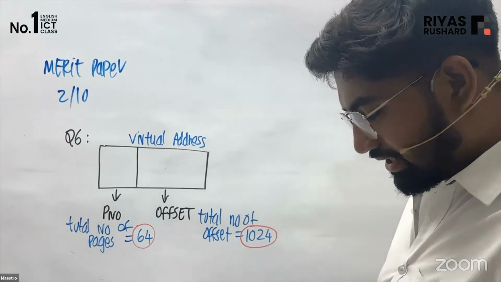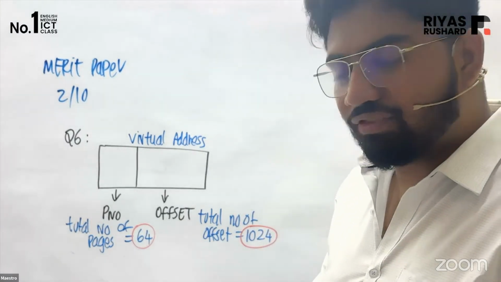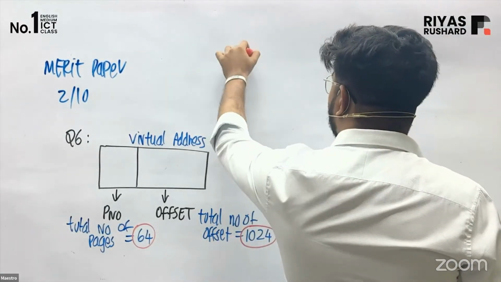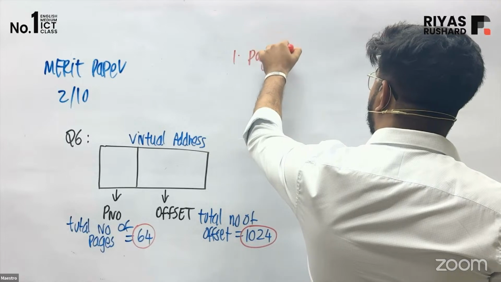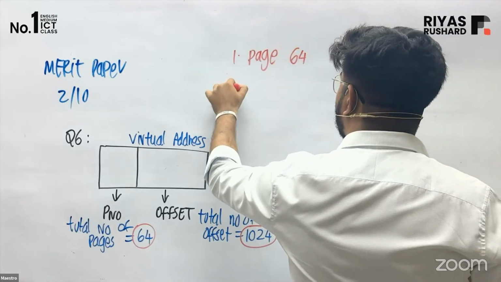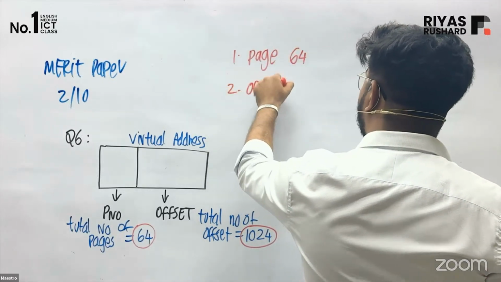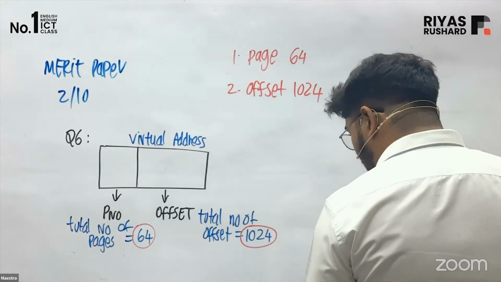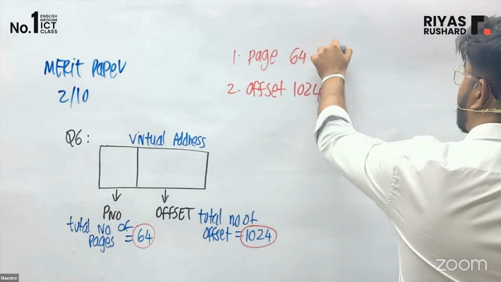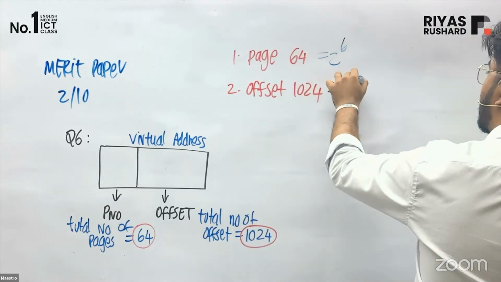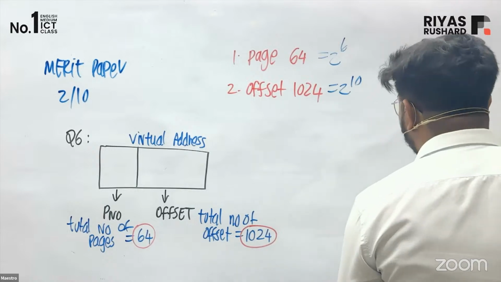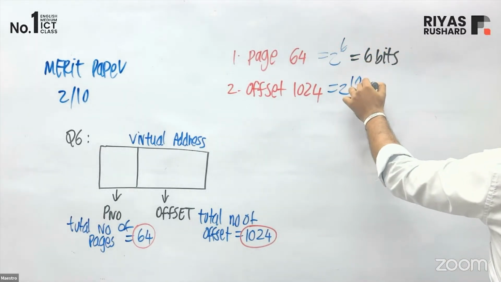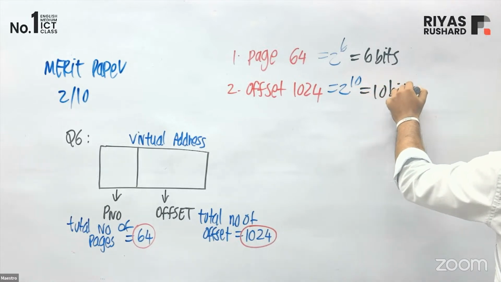The number of bits allocated for page is 64 and offset is 1024, which is 2 to the power 6 and 2 to the power 10, which gives you 6 bits and 10 bits.